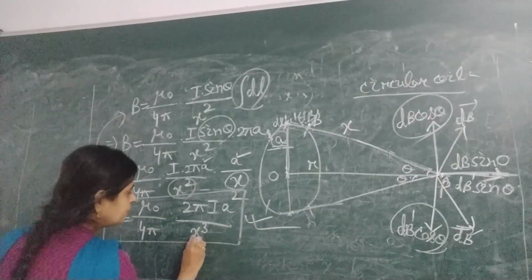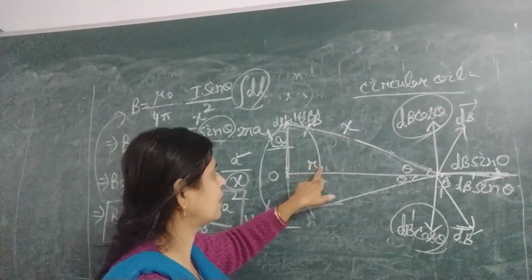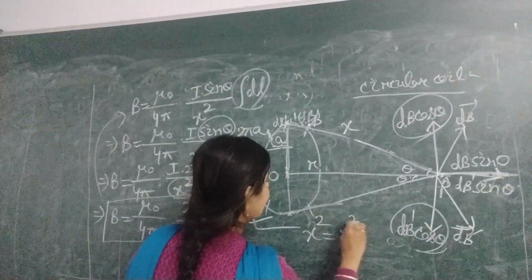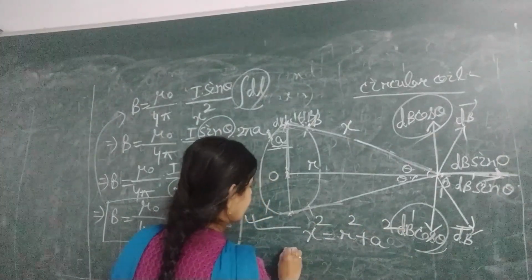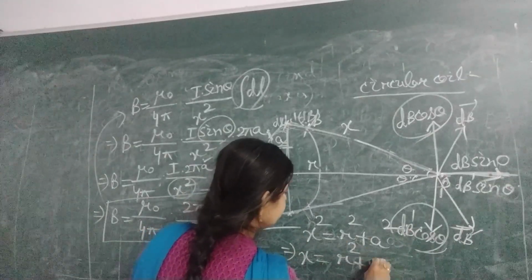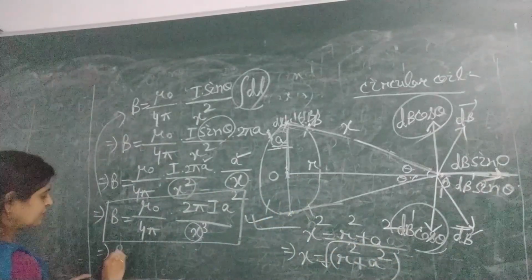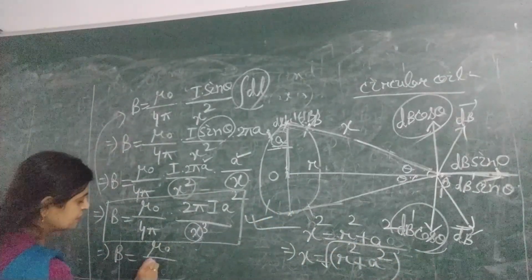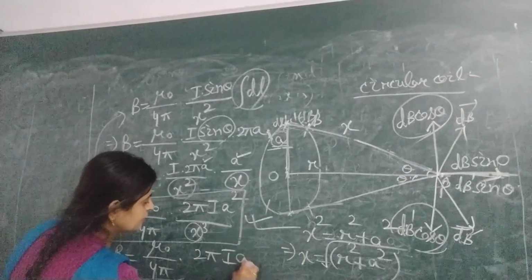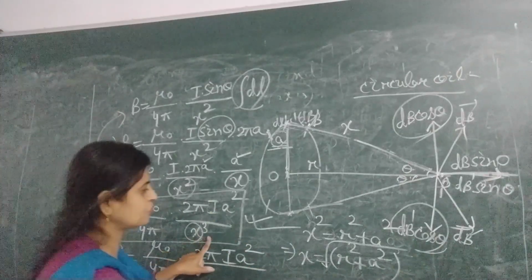Or if you want to change the value of x in terms of r and a, then we can write B is equal to mu naught divided by 4 pi into 2 pi I a square divided by x cube.